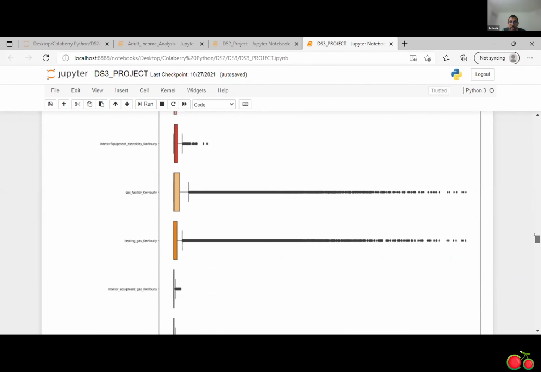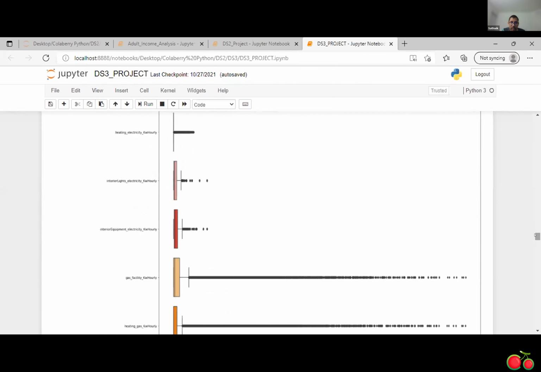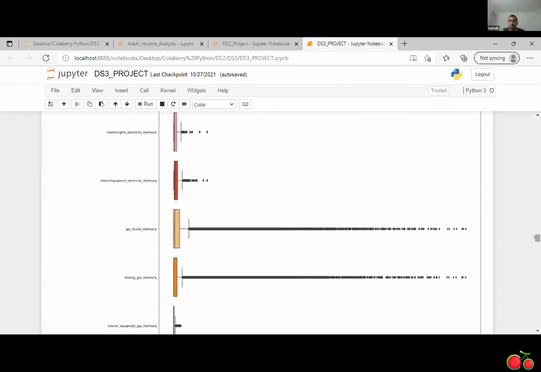You see these two things, the gas consumption and heating gas, their ranges are super wide, and that's the reason why you end up plotting from 0 to 4,000. But if you individually plot interior lights, let's assume, the range it takes is probably 0 to 500, so this box will appear a little wider.